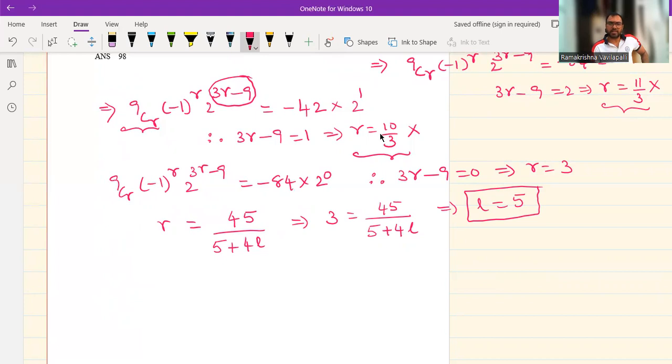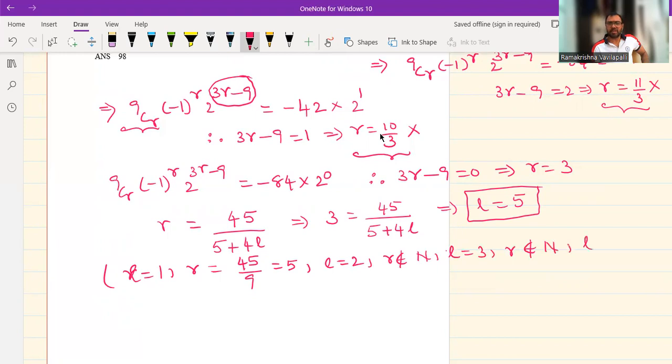We can substitute at the beginning. Here you see, if L equal to 1, what is the R value? 45 by 9, right? This is equal to 5. But you must see whether that will exist or not. L equal to 2, R is not an integer. For L equal to 3, R is not an integer.